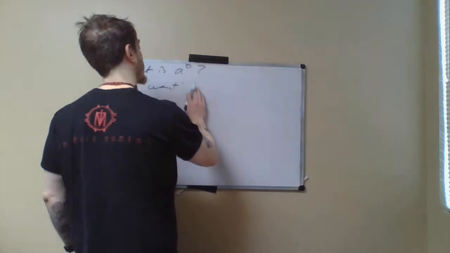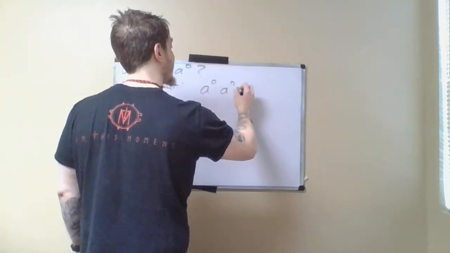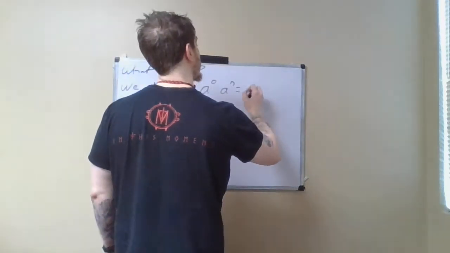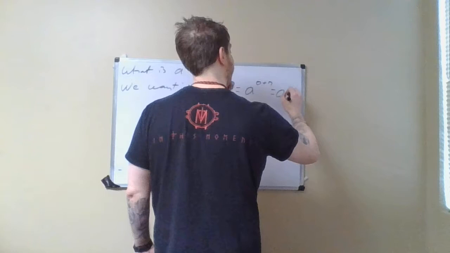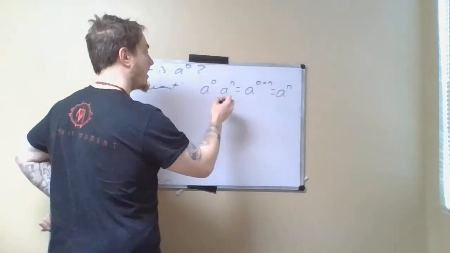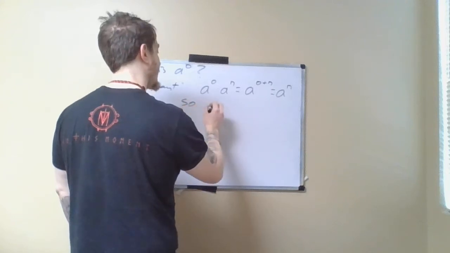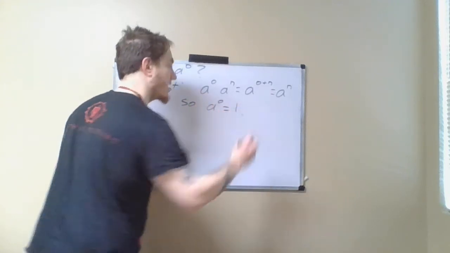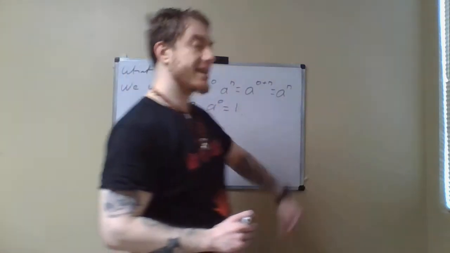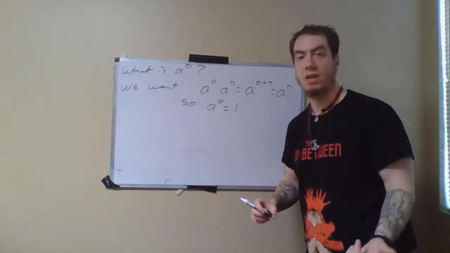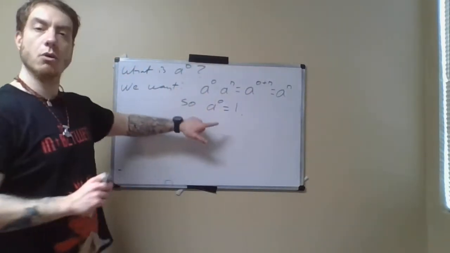We want to be able to say that a to the 0 times a to the n should be equal to a to the 0 plus n, but that is just a to the n. If I divide both sides here by a to the n, I get that a to the 0 had better be equal to 1. That's the only way that this property can continue to hold. So we're going to define any number to the 0 to be 1.